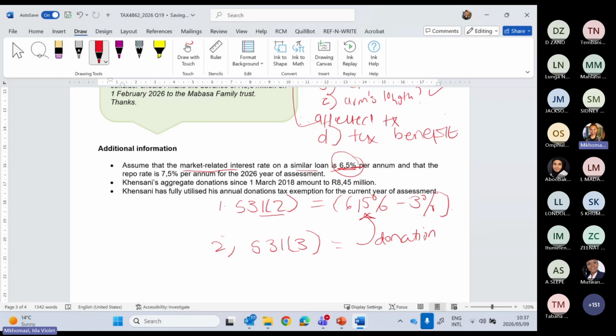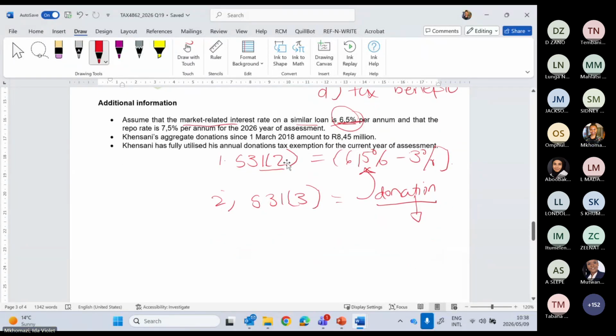Since it's a donation and we said give us all the tax implications, you can discuss the donations tax implications that you learned in topic 1. You will give us the 20%, consider if there are any exemptions that are applicable, and give us the timing as well.